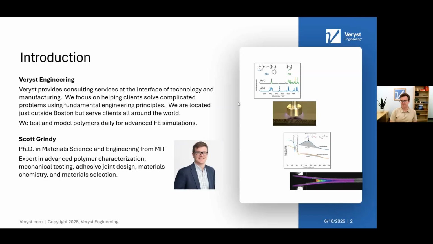Just by way of background to both myself and to Verist Engineering: we are a consulting firm. We offer engineering consulting services to clients facing primarily R&D and production manufacturing challenges. We have expertise in a wide array of fields, ranging from advanced computational simulations, including fluid dynamics, heat transfer, and structural mechanics finite element simulations.